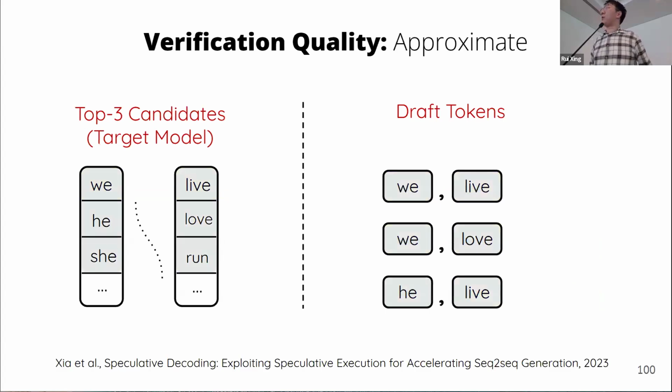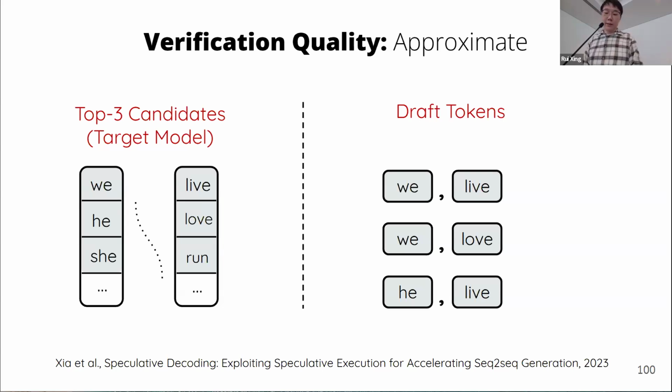So what is approximation? Usually we have some relaxed criteria to verify the draft tokens. Here we relax the top one result to the top three candidates. For example, in the first step, we can choose from we, he, she. In the second step, we can choose from live, love, wrong.